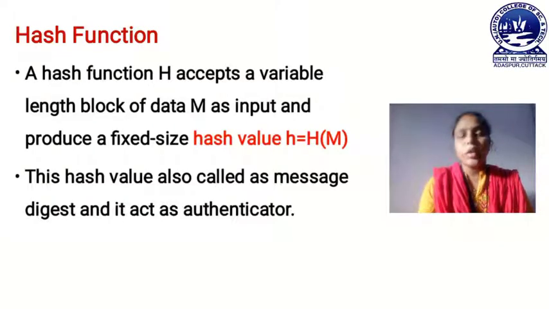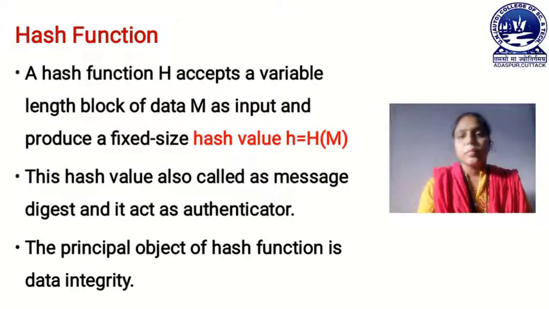This hash value is also called the message digest, and it acts as an authenticator, which means the fixed length value generated from the hash function is called the hash value, and this hash value is also called the message digest. In a hash function, this hash value acts as an authenticator, which means it authenticates the sender and receiver.